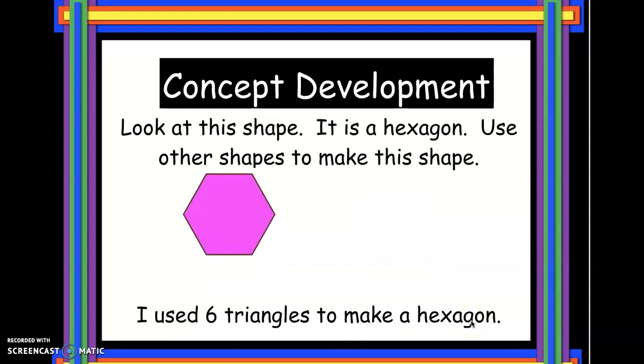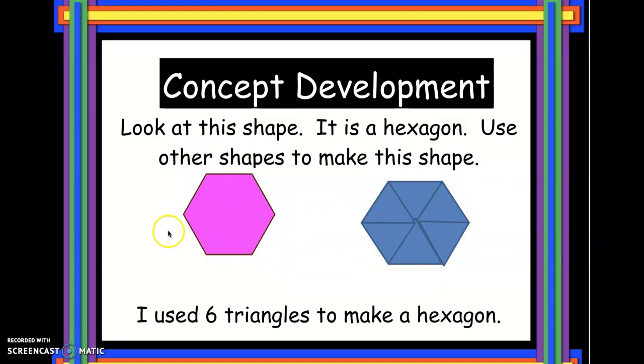All right? Now look at this hexagon. We're going to make it a different way. Okay? We're going to use triangles. There's one. If I stack another one next to it, and I keep going around in a somewhat circle, I'm going to use 6 triangles to make a whole hexagon, to make one hexagon. Okay?